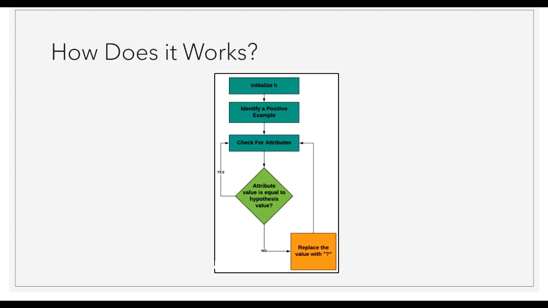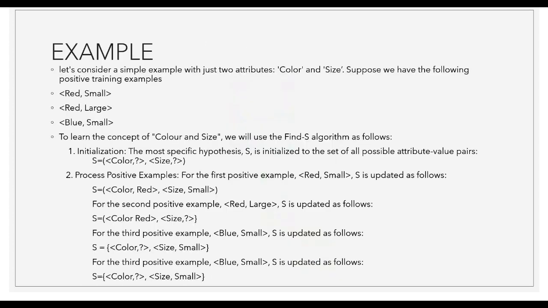This is a flowchart of the Find S algorithm. In the example, we can understand the concept easily. Let's consider a simple example of two attributes, color and size. Suppose we have the following positive training examples, and the values are red small, red large, blue small.